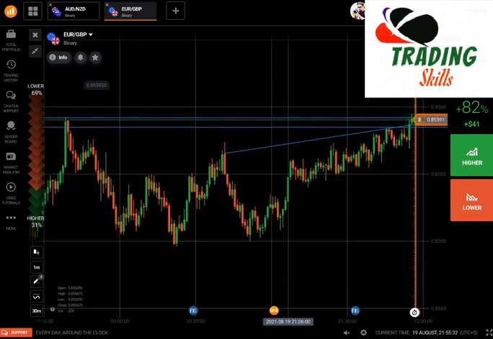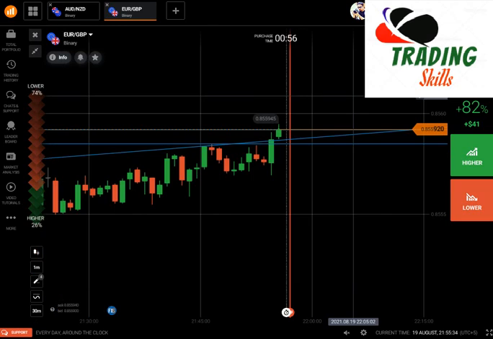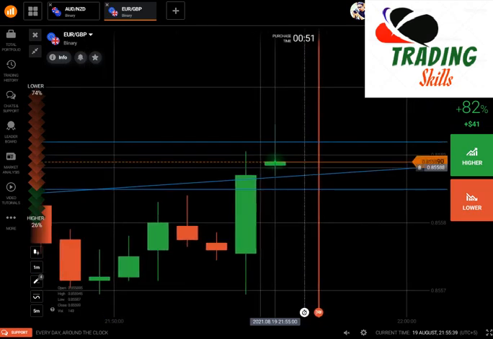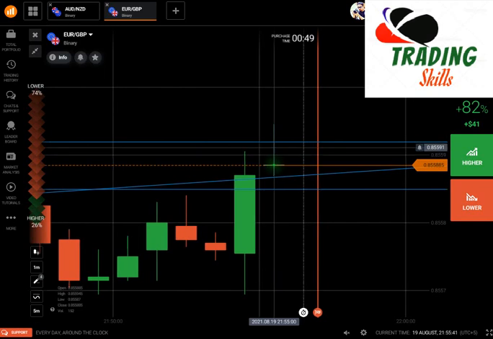This is the level, so anything in between these areas will continue the market. So let's see.